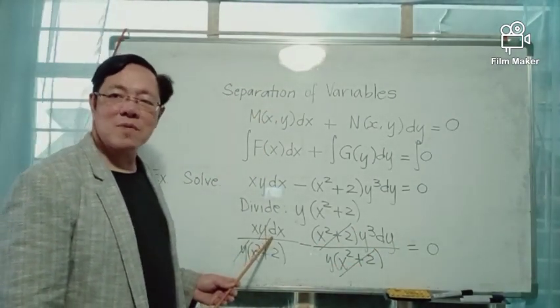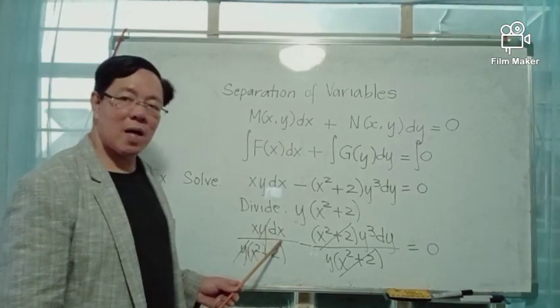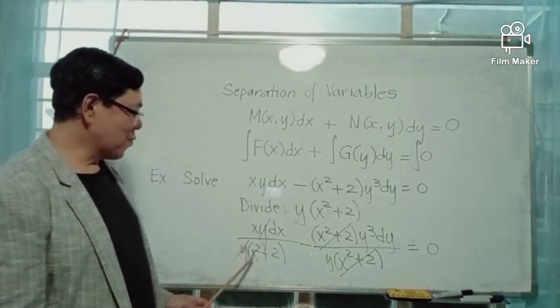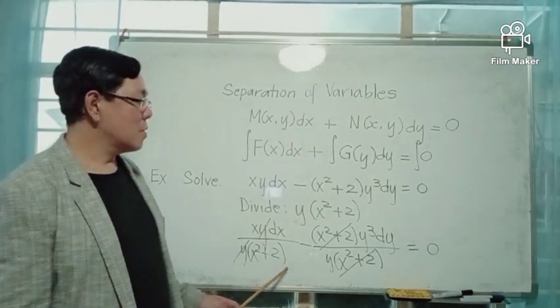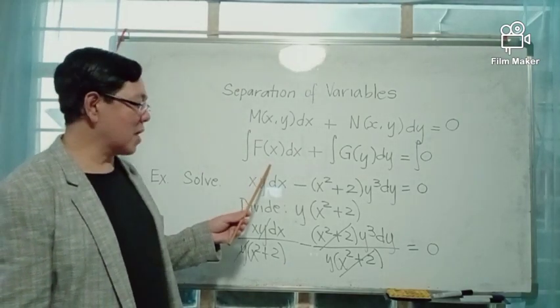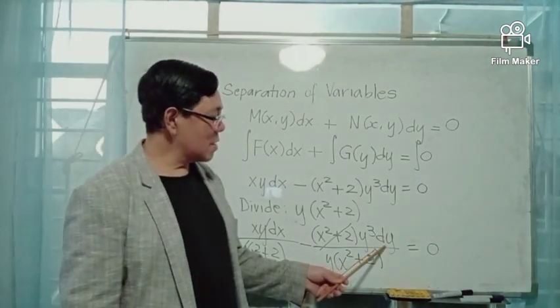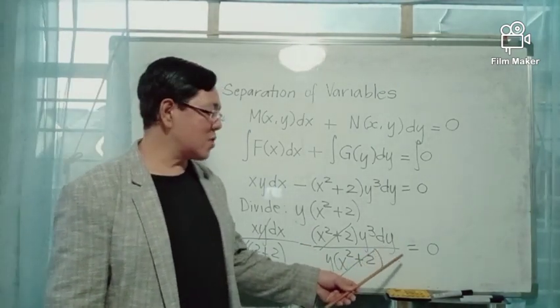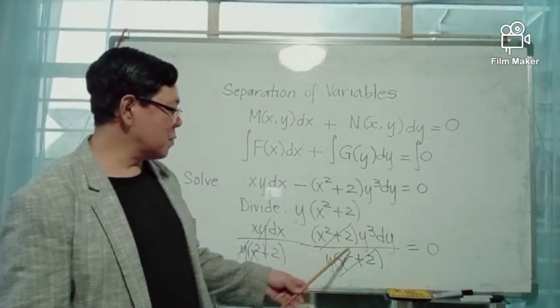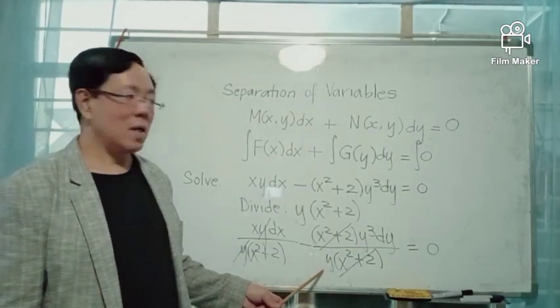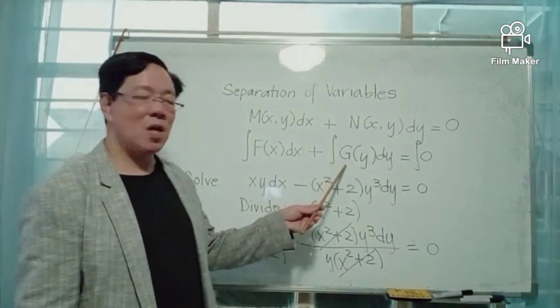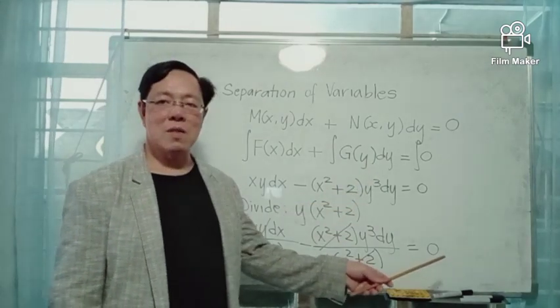Hence, the coefficient now of the differential of x is x over x squared plus 2, which is of this form, f of x dx, minus the second term. The coefficient now of the differential of y is y cubed over y, which is of this form, g of y dy equals 0.